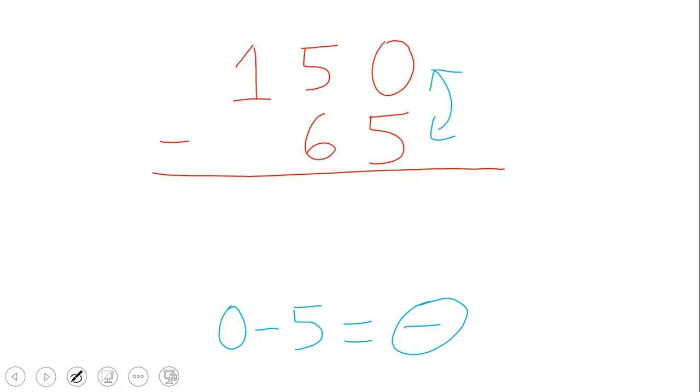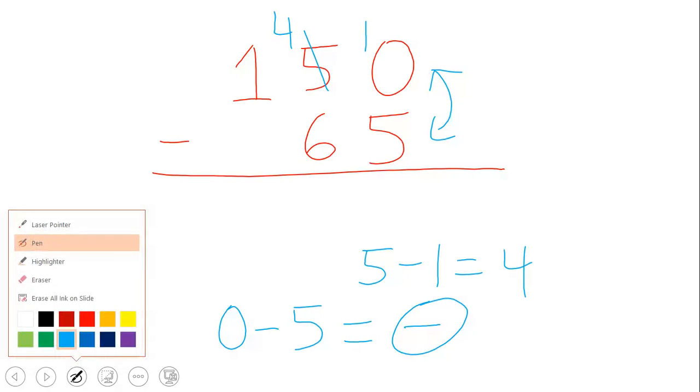So we will borrow. We are going to the neighbor, and we are going to get 1. The neighbor is 5, and 5 minus 1 equals 4, so we place 4 here, and we get the 1.